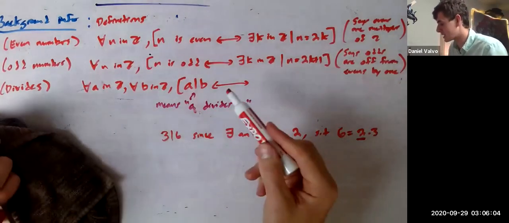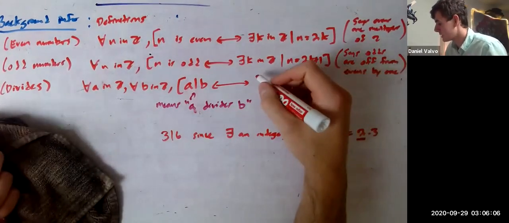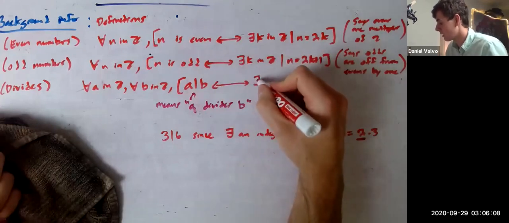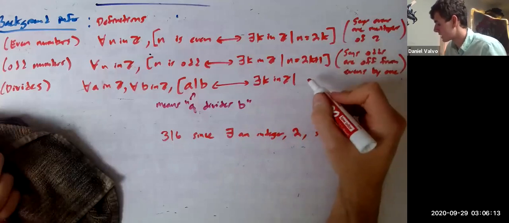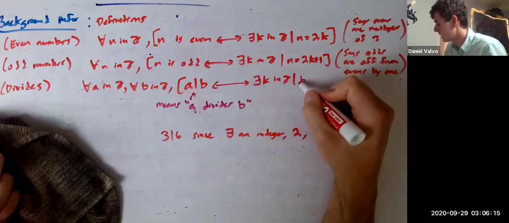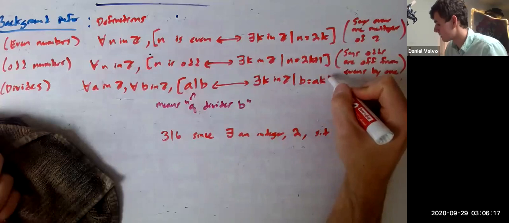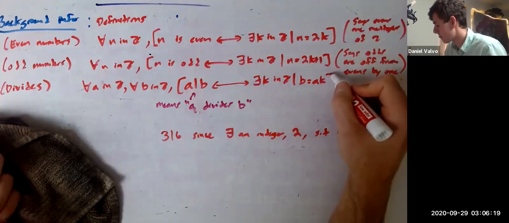And that's exactly how we're going to make this definition. We say that a divides b if there exists some integer k such that b equals ka.